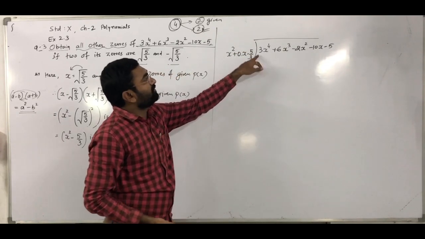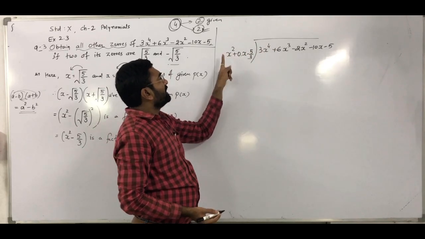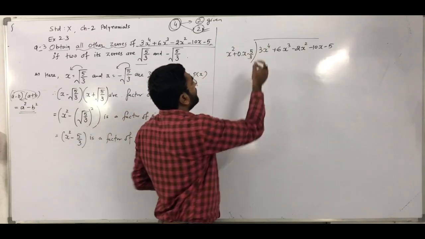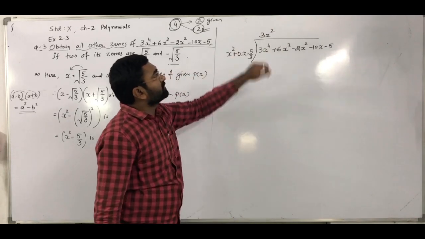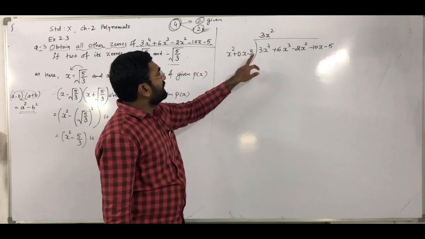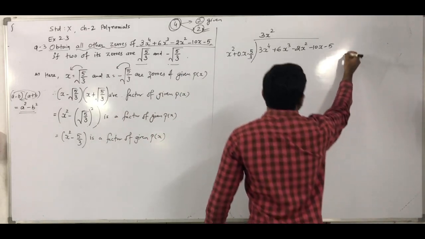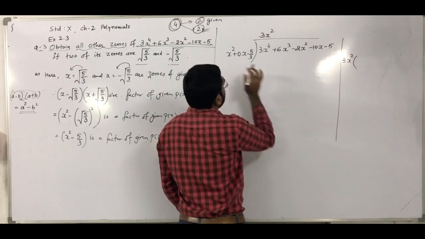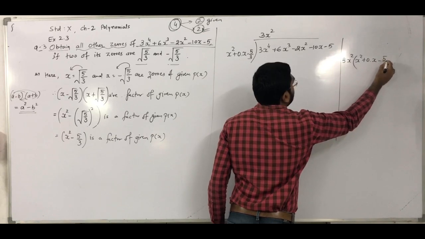Now for finding out the first term of the quotient, whatever the first term of the given p of x is, we have to divide by the divisor polynomial's first term. So 3x raised to 4 divided by x square, we get 3x square. Now whatever 3x square we get, we have to multiply with all terms of the divisor polynomial, x square plus 0x minus 5 by 3.